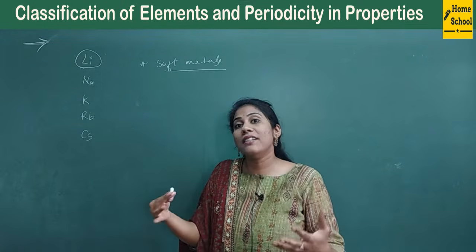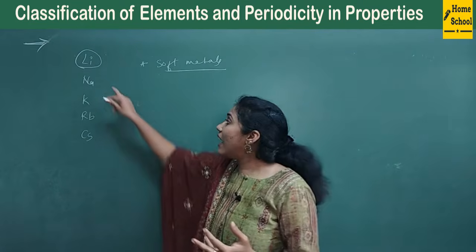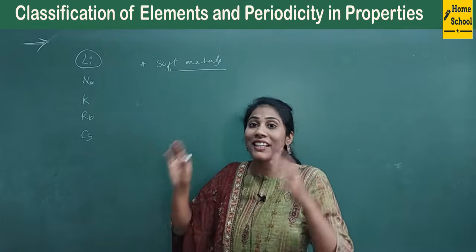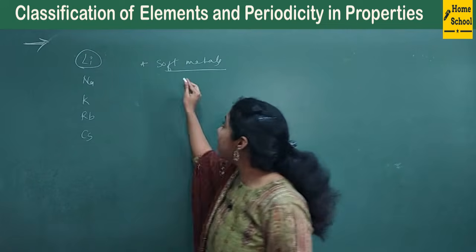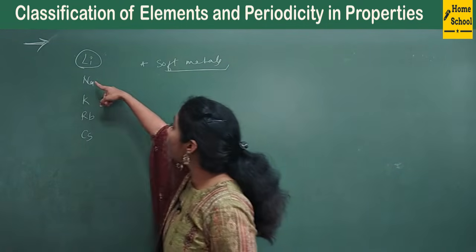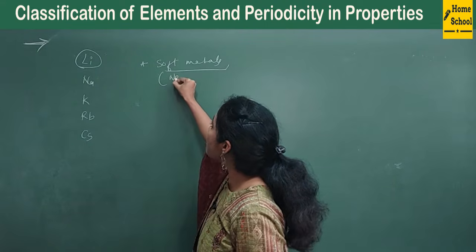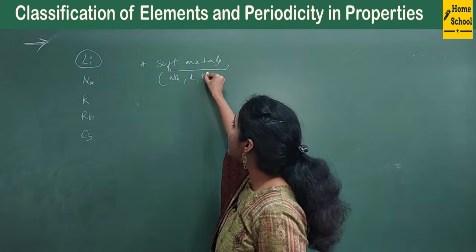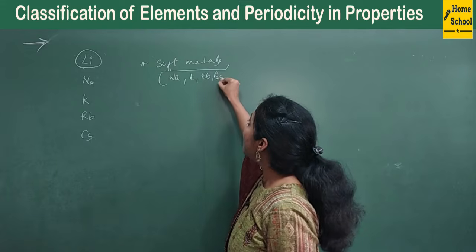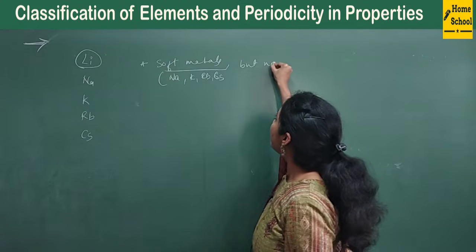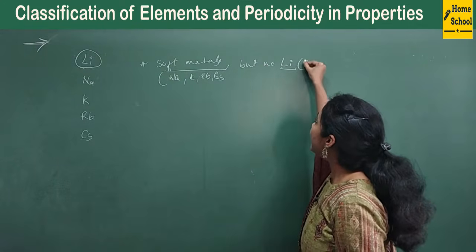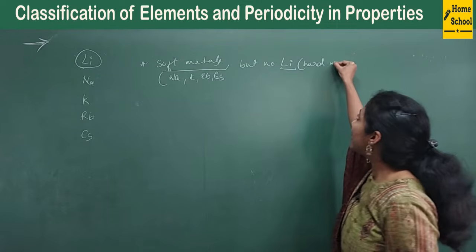Usually metals are hard, but these alkali metals are soft and can be cut with a knife. Sodium, potassium, rubidium, cesium, all these are soft. But not lithium. Lithium is actually a hard metal, right?